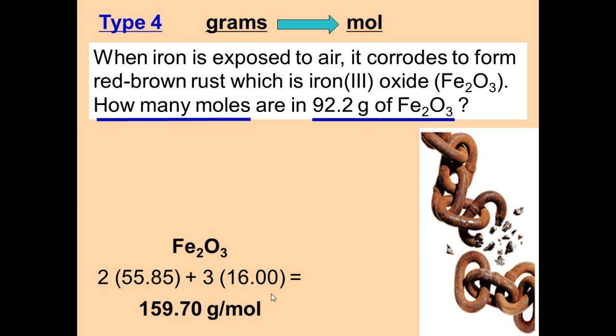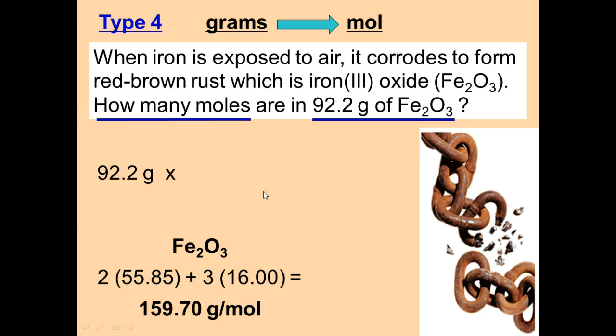And then now we can set up the conversion multiplication factor, and so we have 92.2 grams, and what goes on the numerator of the first fraction goes on the denominator of the next fraction.